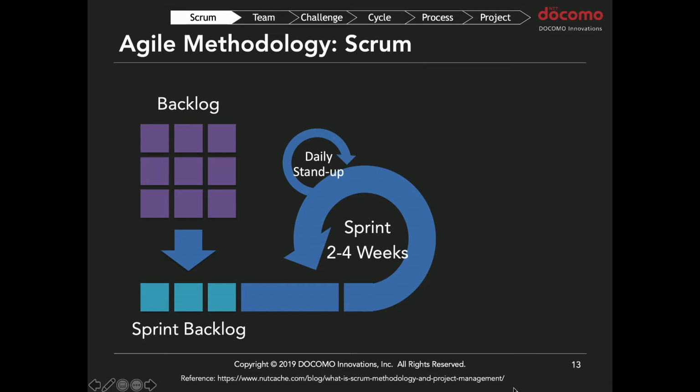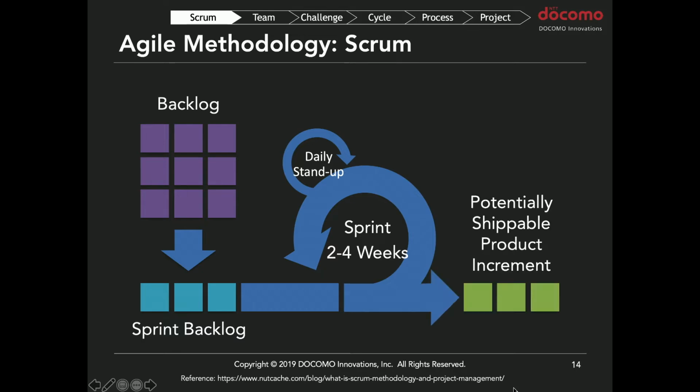But as I said, our team members are geographically scattered, so we cannot do that. So we are skipping the daily stand-up. But anyway, after 2 weeks we have some outcome, which could be a potentially shippable product. So we stack small outcomes one by one after each 2-week sprint.